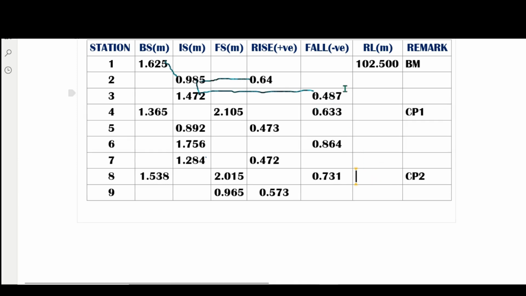Since this number is minus 0.487, we will subtract it from here. To get this particular reduced level, subtract this one from the previous one that is supposed to be here, then you get this particular one. So you keep doing it till you get the other ones.